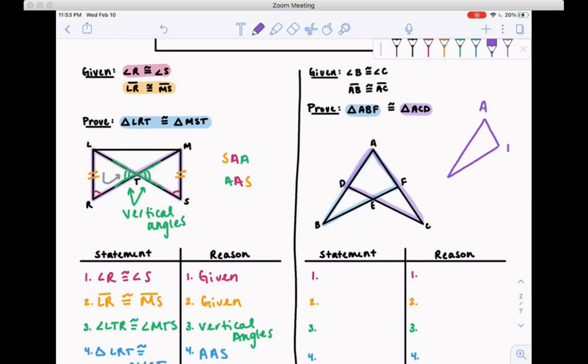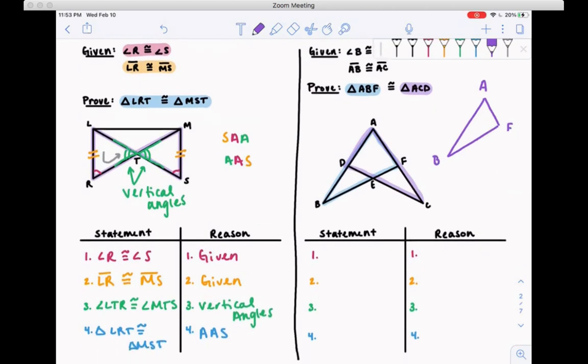So this is something I recommend as a strategy to help you solve the problem. So that's going to be triangle ABF. That's the blue triangle over here. And now I'm going to sketch the purple triangle ADC.